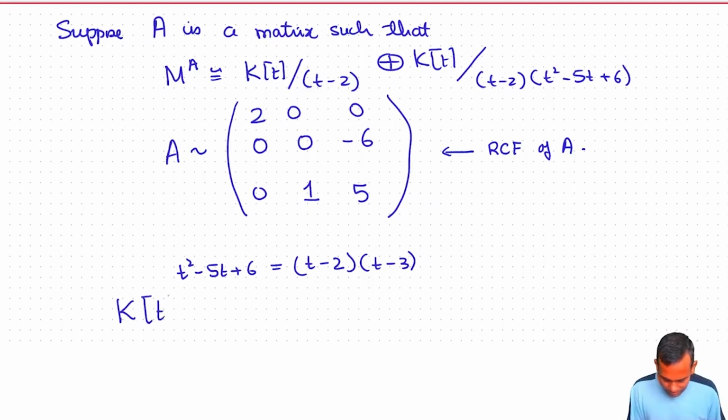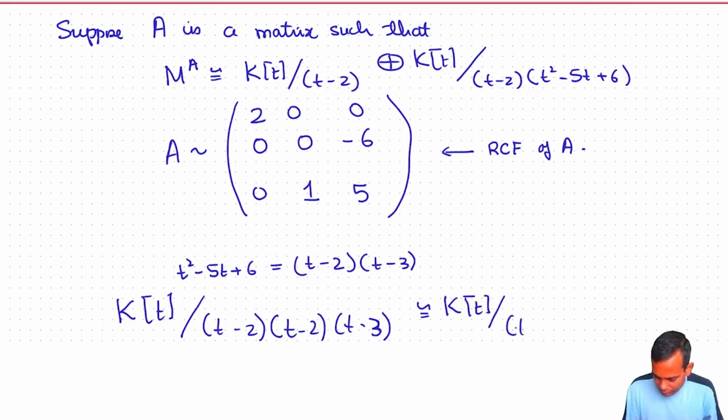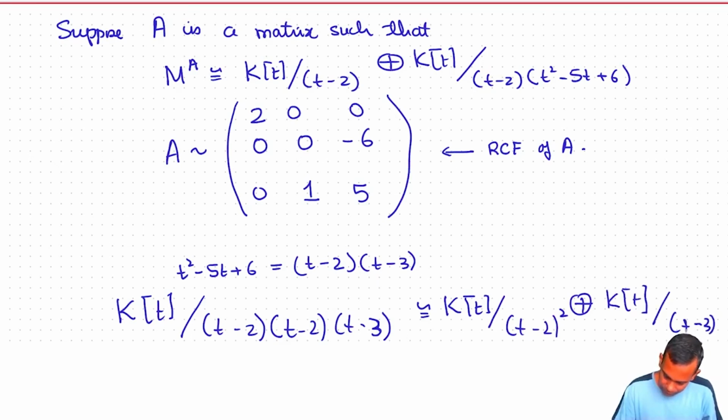Now by the Chinese remainder theorem, what we get is that kt mod t minus 2 squared into t minus 3, that is this second factor over here, this piece, is isomorphic to kt mod t minus 2 squared direct sum kt mod t minus 3. This is by the Chinese remainder theorem.